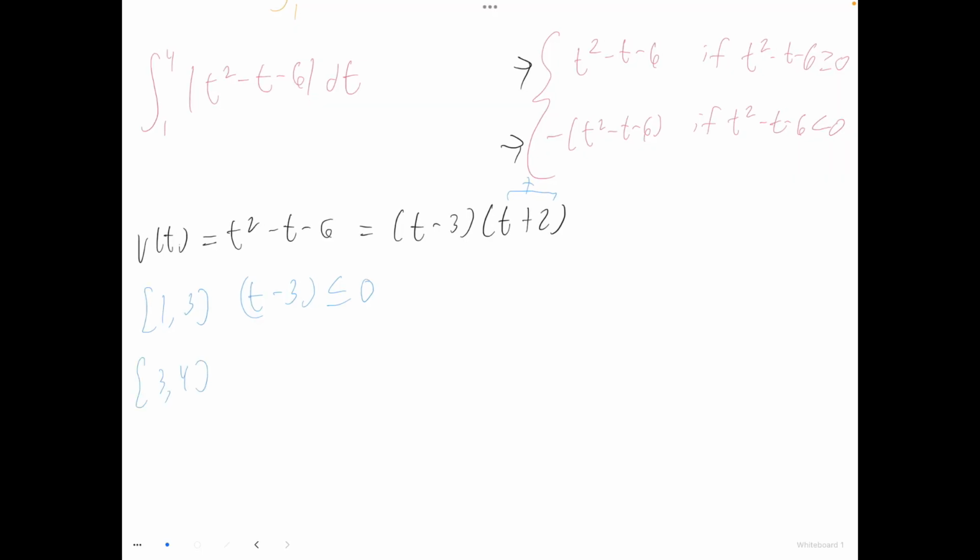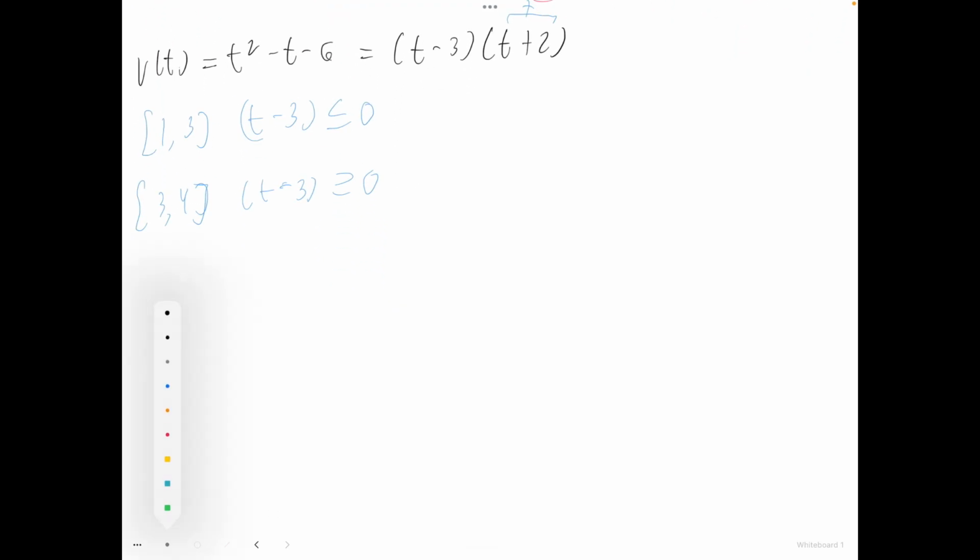And then from 3 to 4, we're going to have that t minus 3 is greater than or equal to 0. So 3 is our breaking point. It's the point where we have to change equations. And so we have here the integral from 1 to 4 of the absolute value of t squared minus t minus 6. We're going to split it at 3.